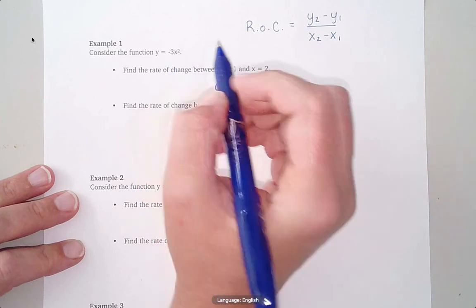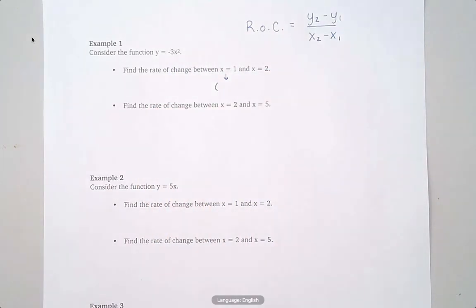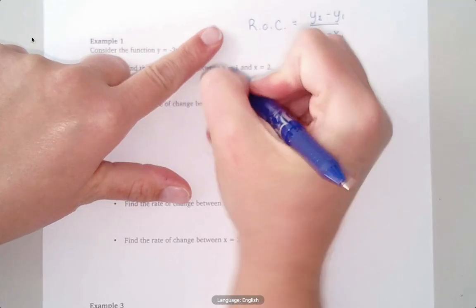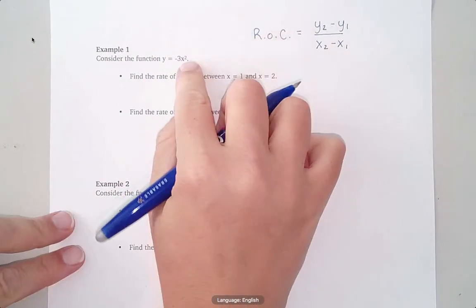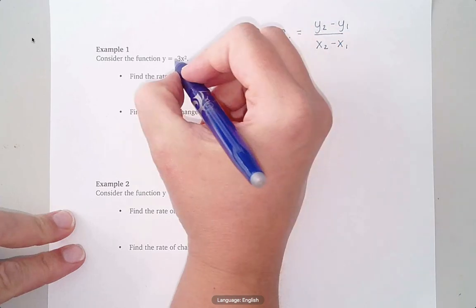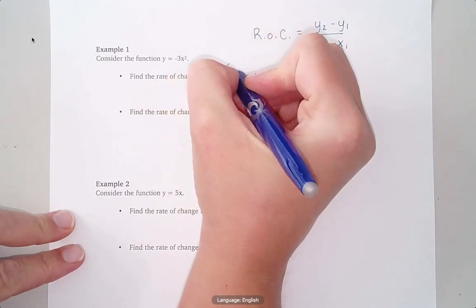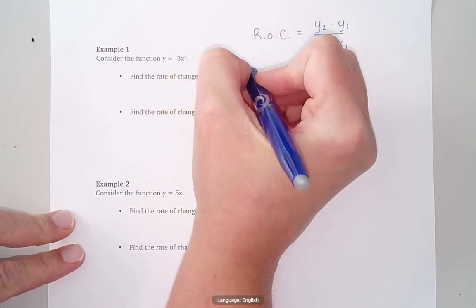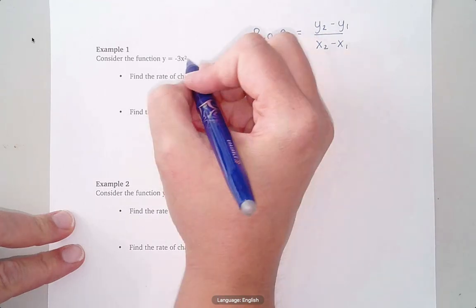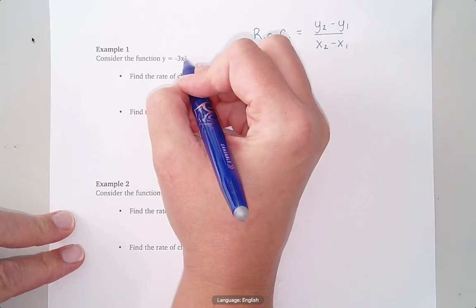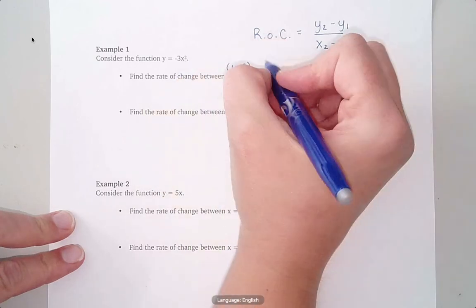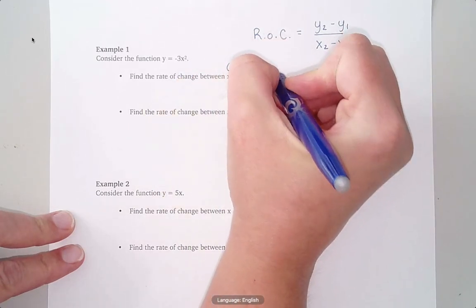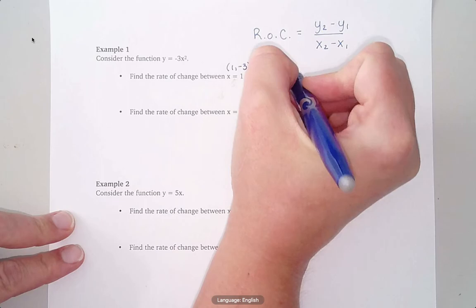So I'm doing negative 3 times 1 squared, and I'm going to write it up above to not use up all my space. If I put 1 in here, negative 3 times 1 gives me negative 3. So this is the coordinate 1, negative 3. If I plug a 2 in here, 2 squared is 4, negative 3 times 4 is negative 12. So this is the coordinate 2, negative 12.